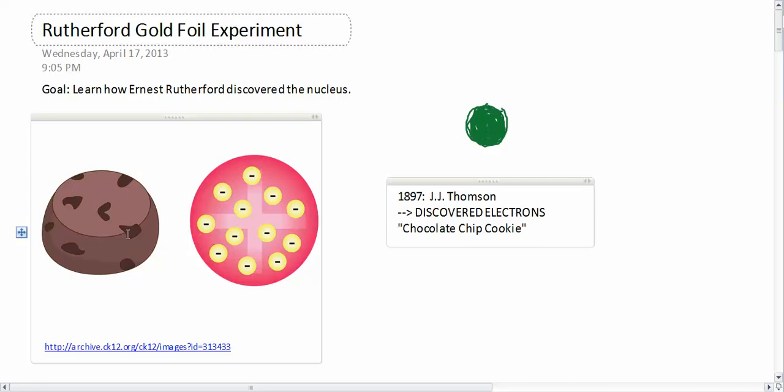Now, J.J. Thomson's atom had a similar sort of idea that he thought the atom was sort of this positive dough, or almost like a positive cloud with these tiny little electrons inside. So this positive circle represents the cookie dough, and these tiny little negative charges, the electrons, which J.J. Thomson discovered, represent the chocolate chips in the chocolate chip cookie. So the chocolate chip cookie is really just a metaphor for J.J. Thomson's model of the atom.